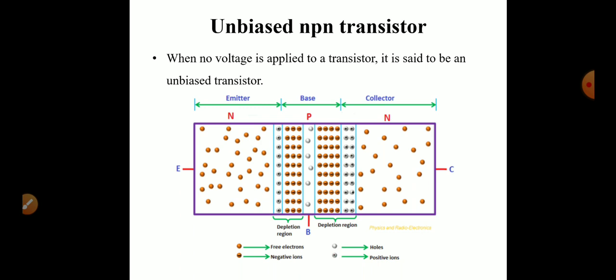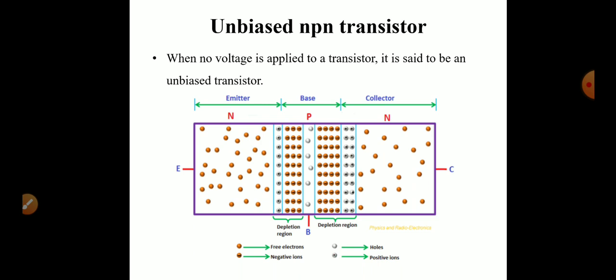The main reason for this variation in the depletion region is the doping level. The emitter region is heavily doped, and the collector region doping level is lower than that of the emitter. In the emitter base junction, the depletion region penetrates less into the emitter region and more into the base region.